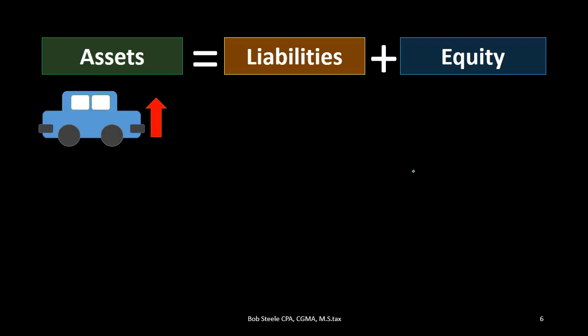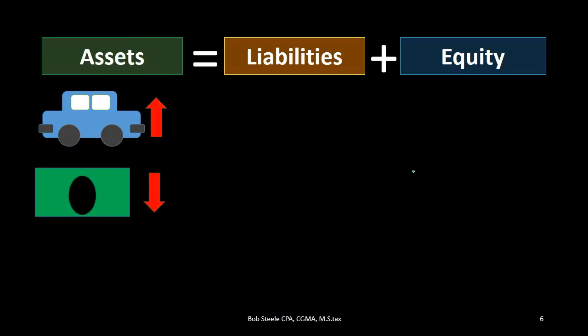It's also possible to have 3 accounts that will be affected or impacted by the accounting equation. For example, we could think of a transaction where we purchase a car, we put a down payment on the car, where we would have the asset, property, plant, and equipment going up, a long-lived asset.